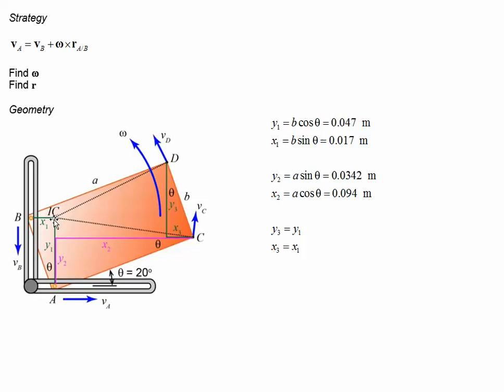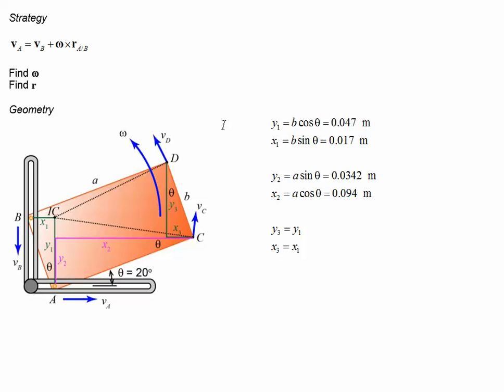So if we draw a line from the IC to C, then the velocity of C is perpendicular. So we can get a visual of how the velocity is going to look. And the same for D. We draw a line between the IC and D, and the velocity is perpendicular.